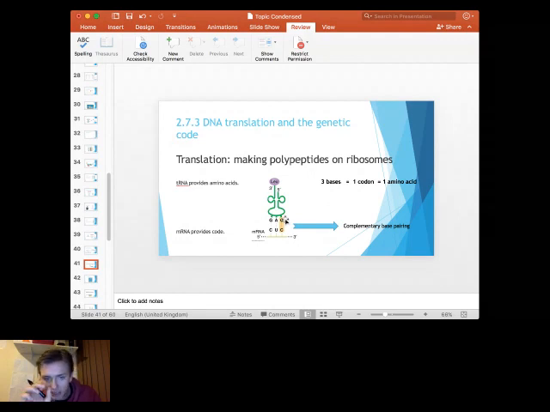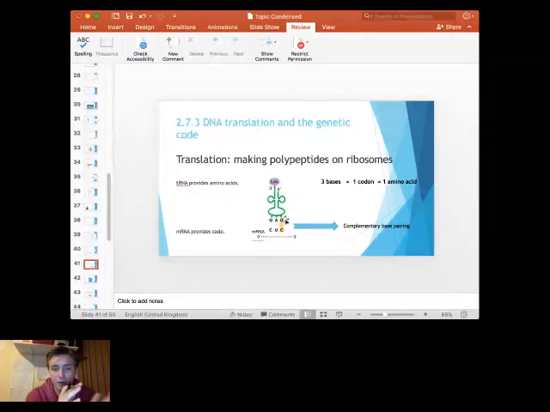Now, because each amino acid is specific to a code, that means that when the tRNA comes close to an mRNA molecule on a ribosome, right, because the ribosome is the thing that reads mRNA, then via complementary base pairing, you're always going to get a specific mRNA sequence that corresponds to a specific amino acid, right?